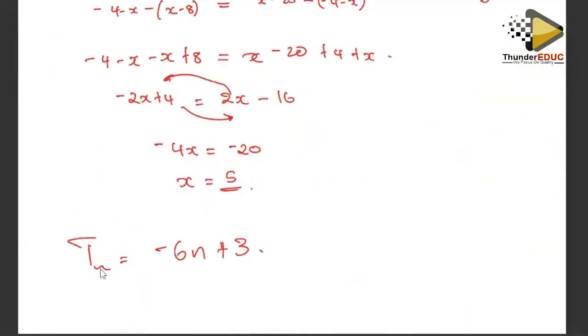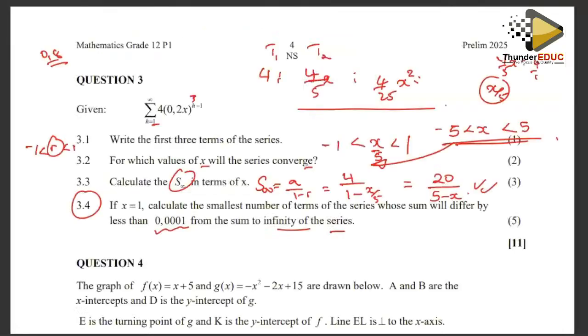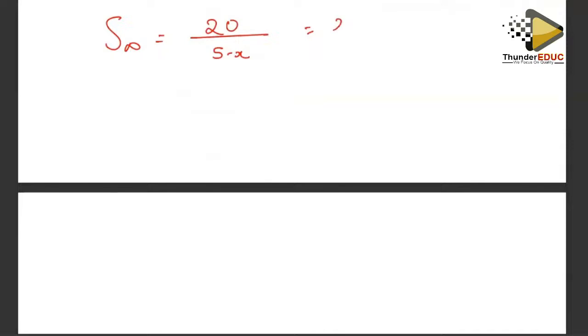Okay, so if we say that sum to infinity is 20 over 5 minus x, they're telling us that if x is 1, that's going to be 20 over 4, our sum to infinity is just 5. Now, we say that sum to infinity minus sum of n terms should be less than 0.0001, which is just the same as 1 over 10,000.